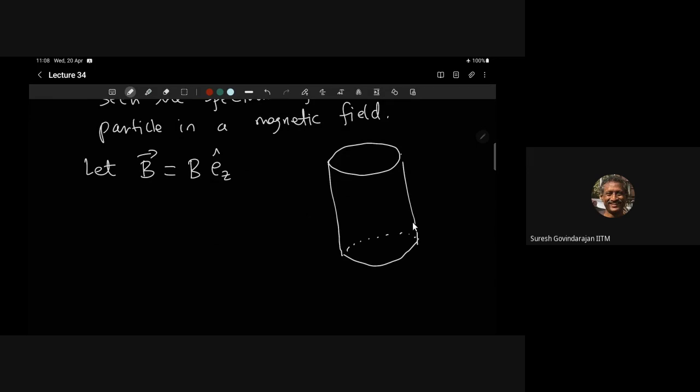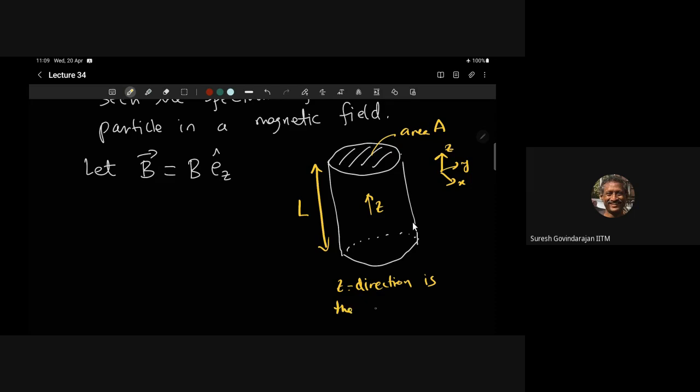The area in the xy plane is A, and the length along the Z direction is L. The sample need not be exactly this, it could be square, it could be anything. So this is a rough picture that we have.